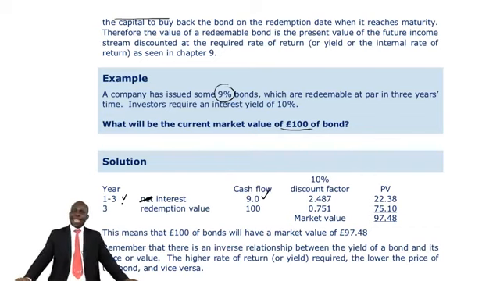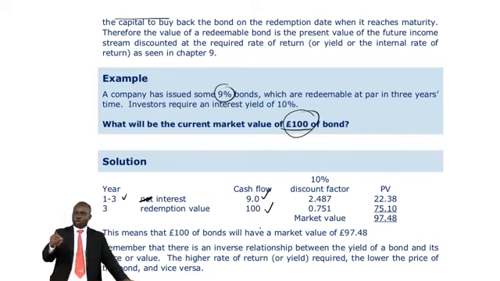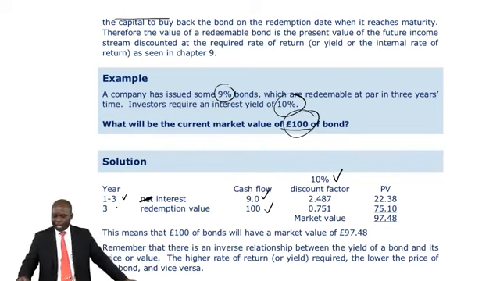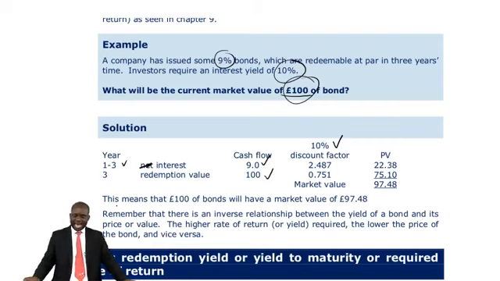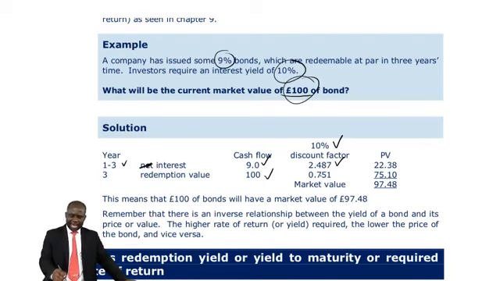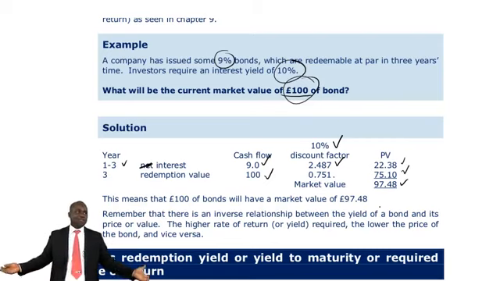And come the end of year 3, I will get the redemption value of 100. The cost of the debt is given to me at what? 10%. So I will discount it at 10% because I did 1 to 3. I need annuity. And that annuity factor of 10%, 1 to 3 is 2.487. Multiply. And then present value 10%, 3 years. You multiply. This is the value of the bond.